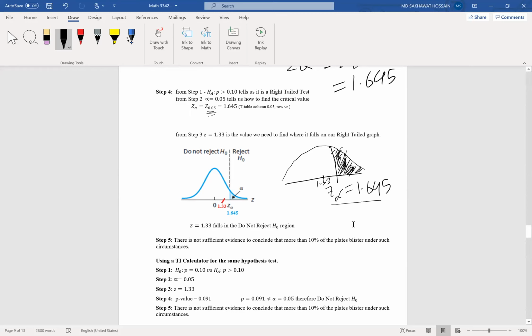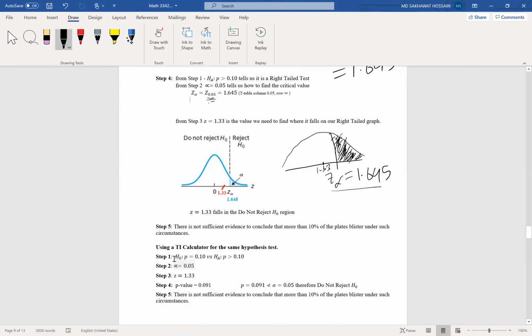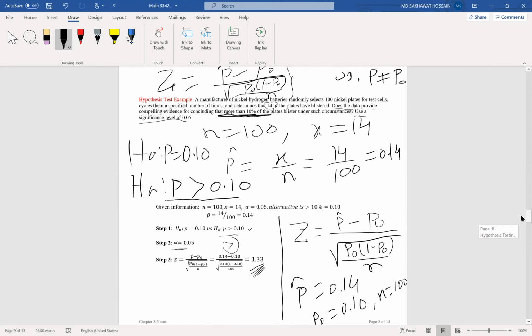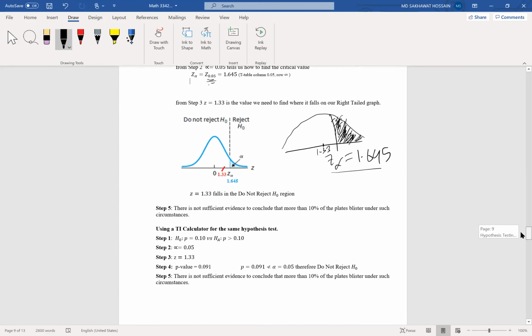How do you use a calculator to get it? If you use the TI calculator, I think in the previous lecture in chapter 7 you will find the instructions on how to use the TI calculator to get Z alpha, or you can just Google how to find the critical value using a TI calculator.